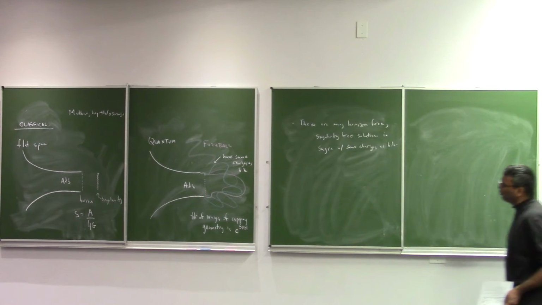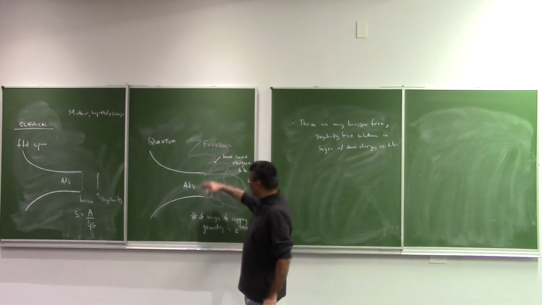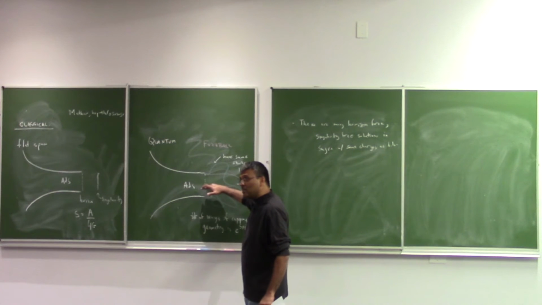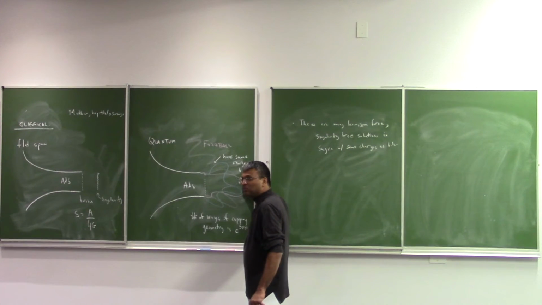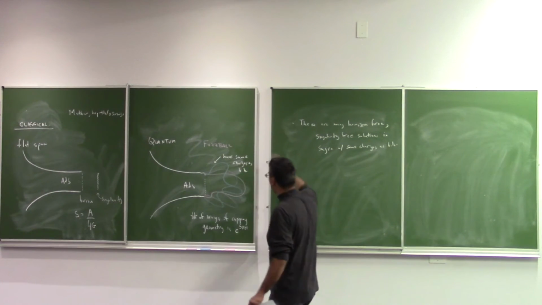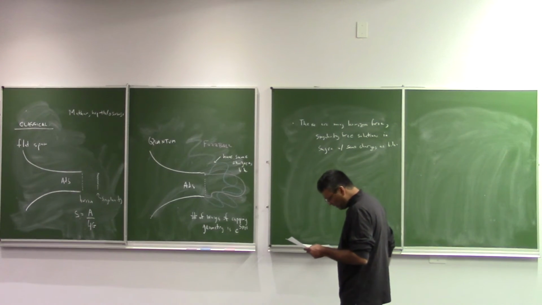They're the same metric, roughly, up until this point, where the horizon would have been, and they differ afterwards. That's the first observation we want to make.